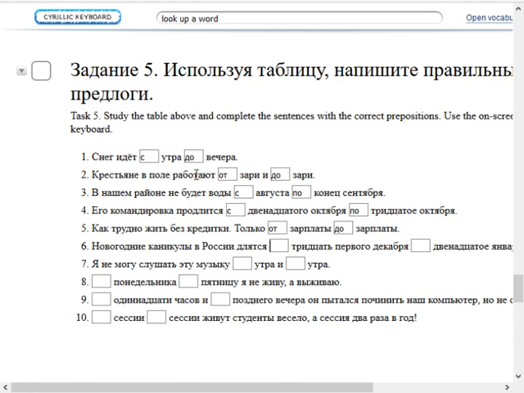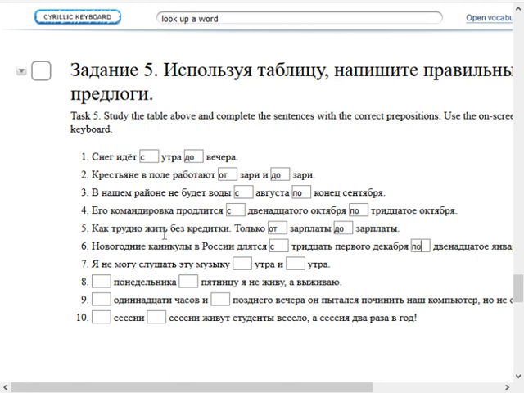Новогодные каникулы в России длятся с 31 декабря по 12 января. So again, it's с...по because we're talking about calendar dates.